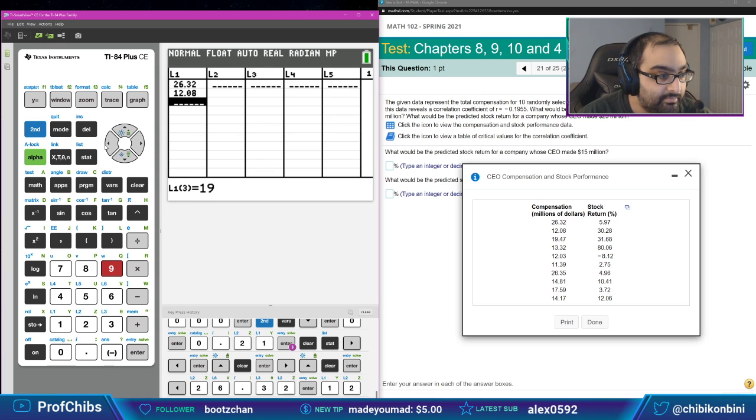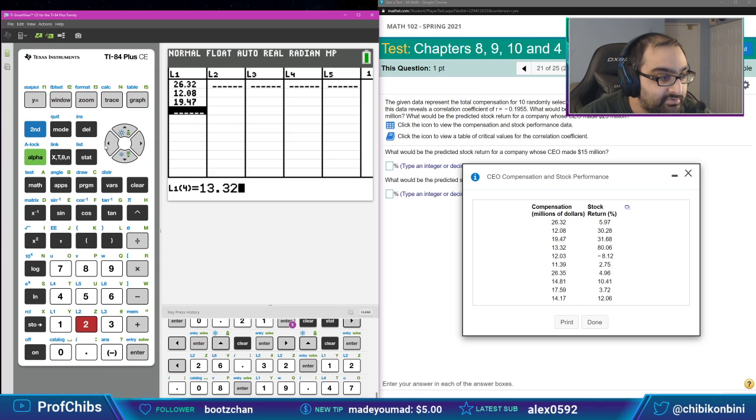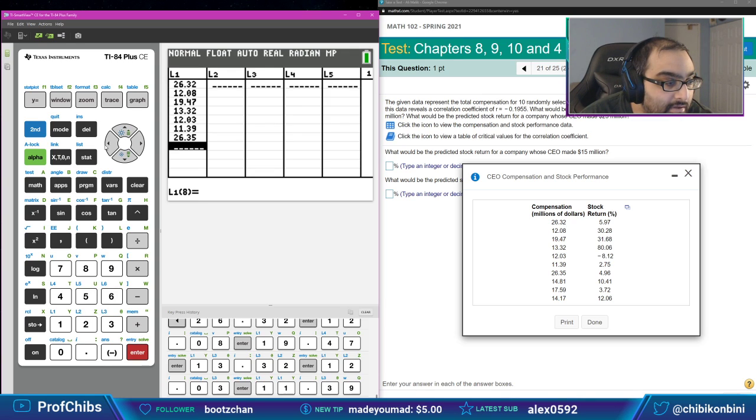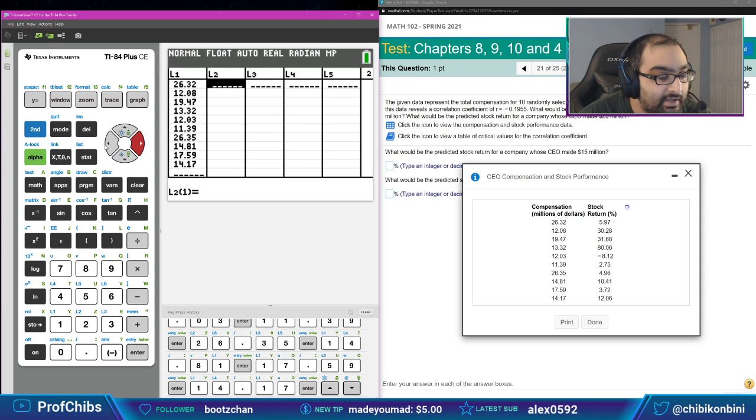We'll take some time to put these in. Okay, so I put in all the values here for our X values, and I'll put in the Y values, which are the stock return.